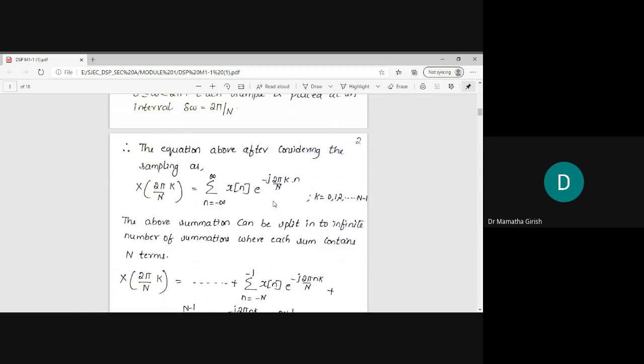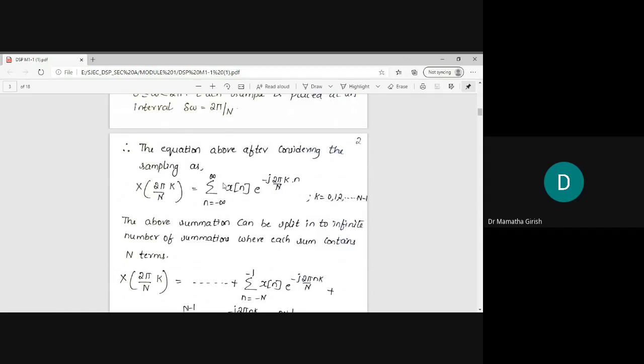As I told you earlier, since the spectrum is continuous in nature, it exists anywhere from minus infinity to plus infinity. That is why the above summation can be split into an infinite number of summations.